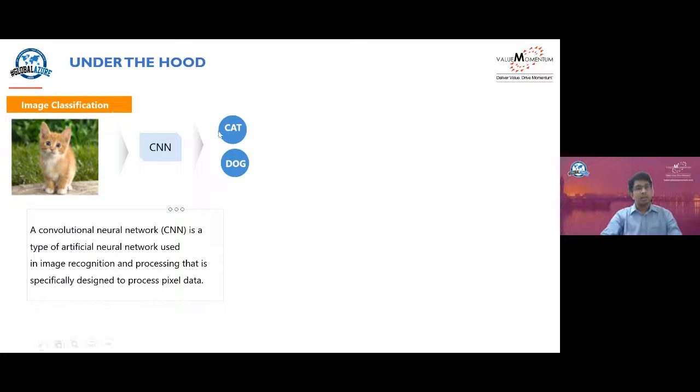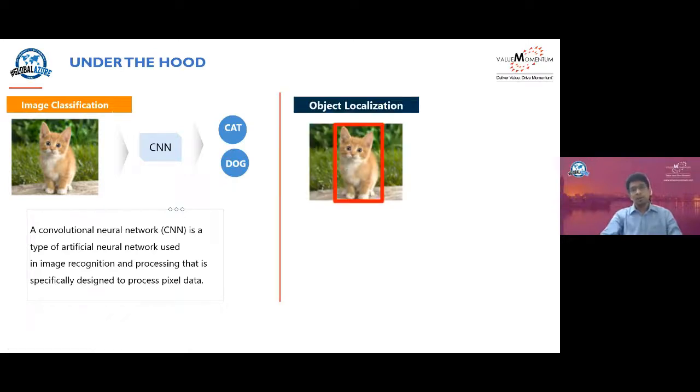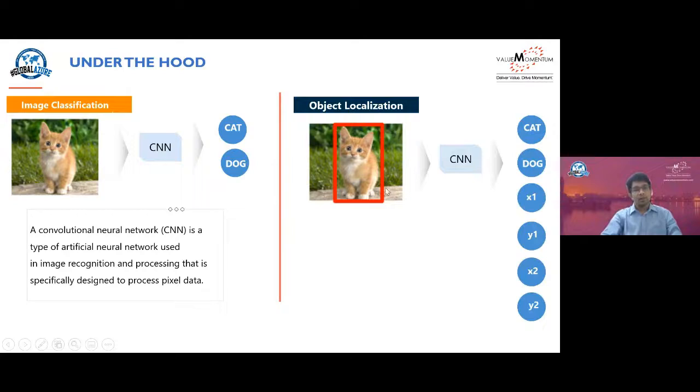And we are just taking the examples of cat and dog for representative purposes, to make it simpler to understand. And coming to object localization, here we are trying to say even the position, not just the label that it is a cat, but we're also trying to give the position of that cat, right? So for that sake, when we're training the model, we're sending the data to the model, and we will also be sending the position of the cat in the image.